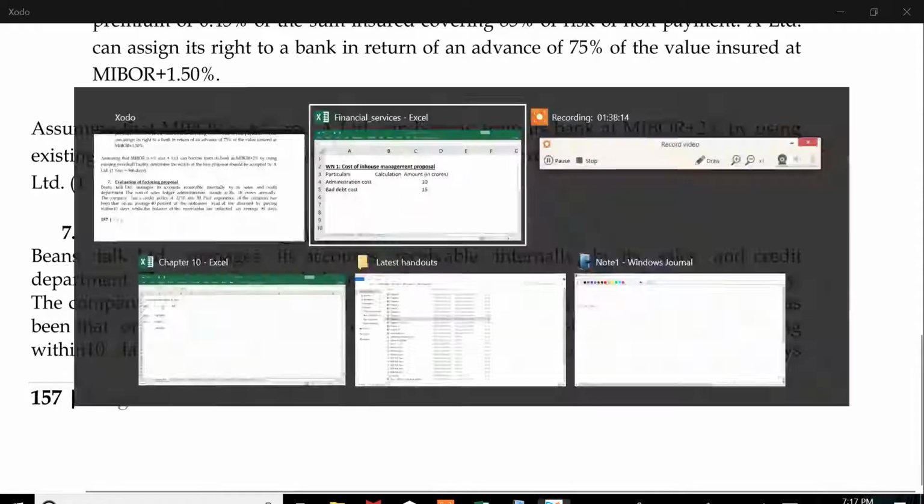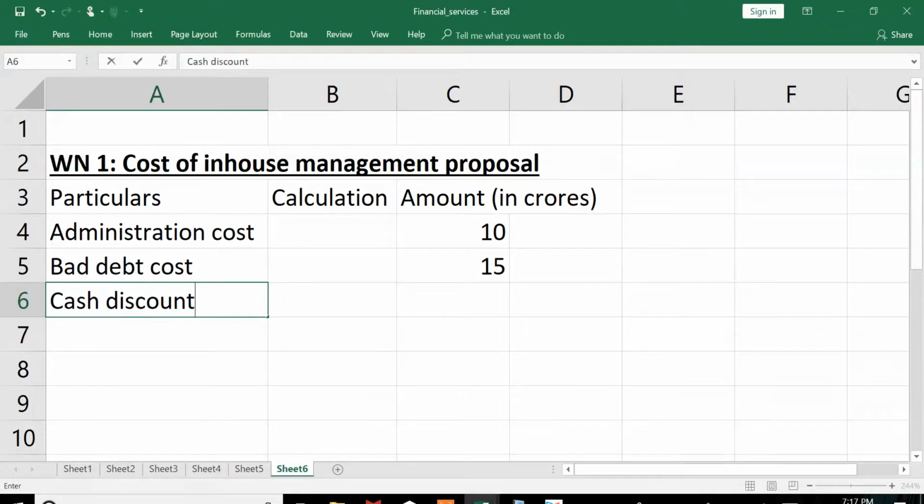Then cash discount. Tell me how you calculate it, show it in the calculation column and then the amount column.